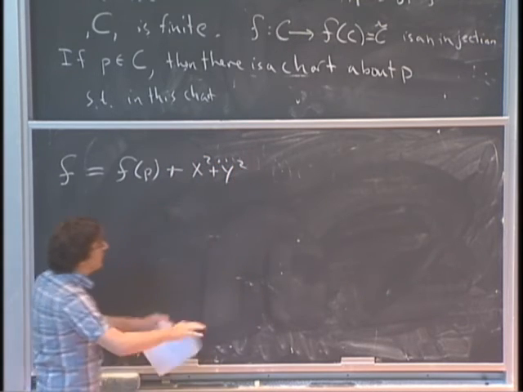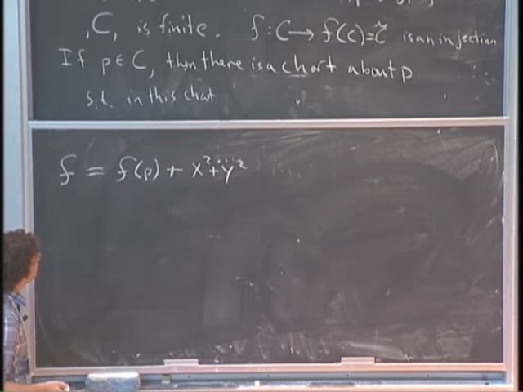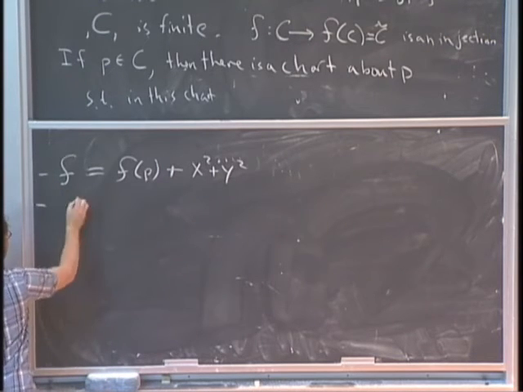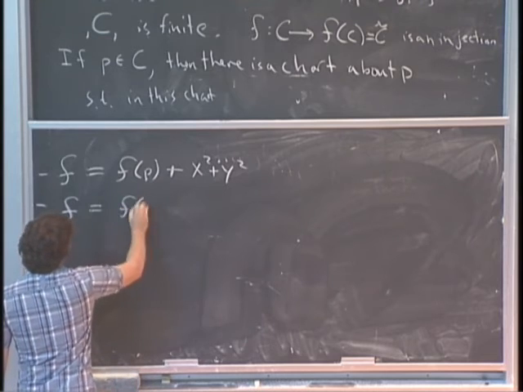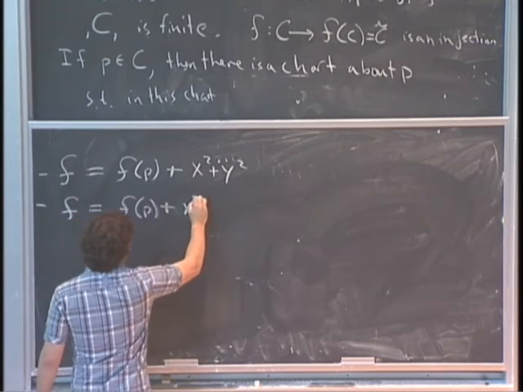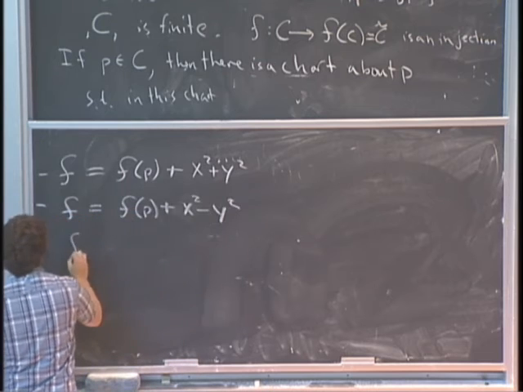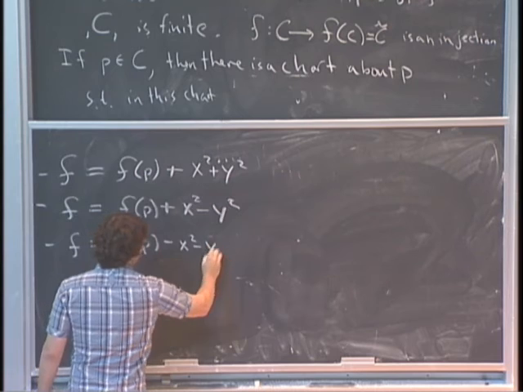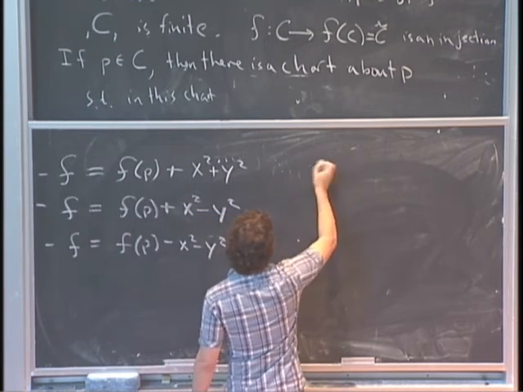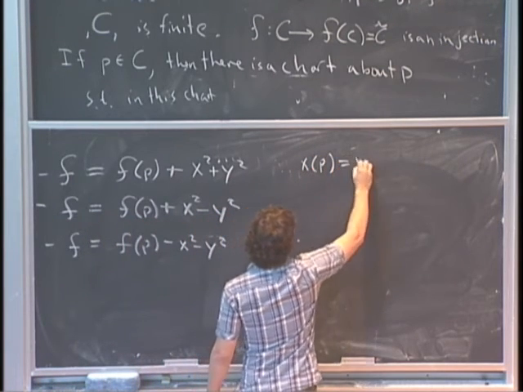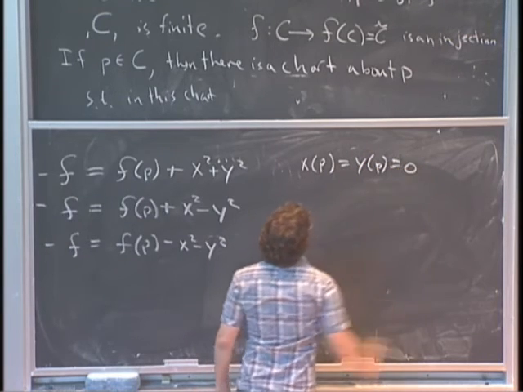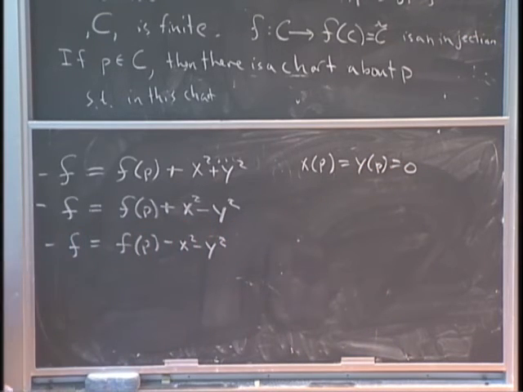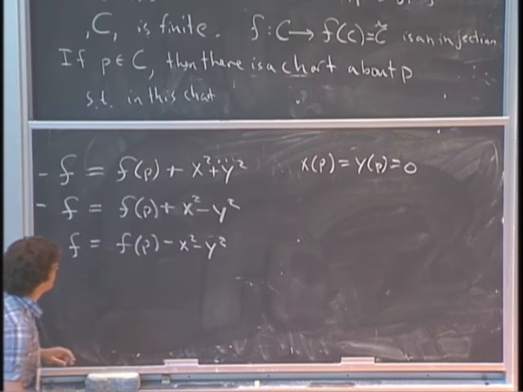So x and y are going to be the standard Euclidean coordinates on the chart. So this is the first case. One of the following three happens, and the idea is we're picking a good chart to simplify f. And of course, that such a chart exists is not completely obvious. I mean, that such a function exists is not obvious, but is true.